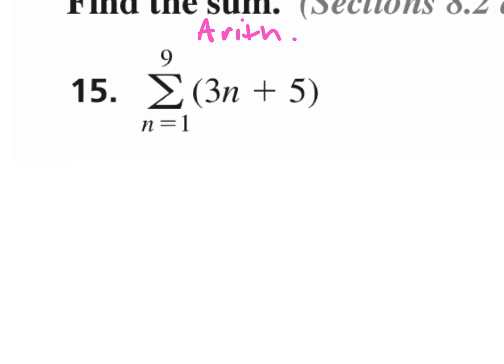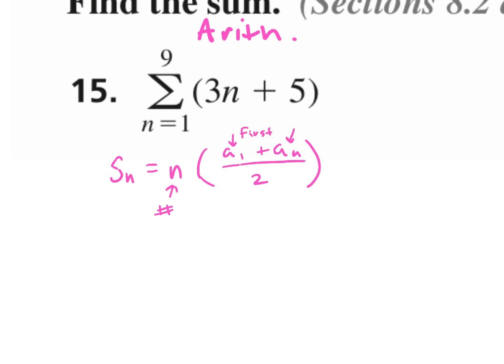So our sum of our arithmetic sequence formula is S sub n is equal to n times a sub 1 plus a sub n over 2. So this is our number of terms, our first term, and our last term. So we plug in 1 to n to find our first term.